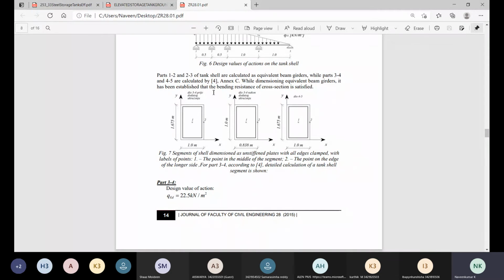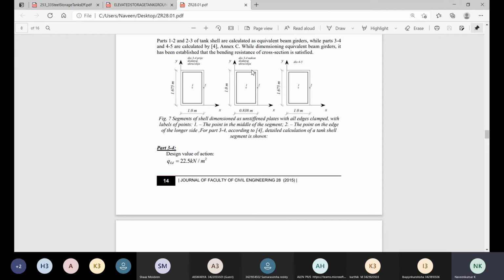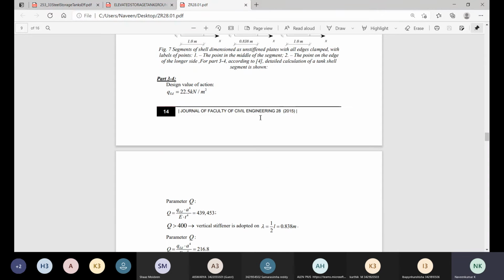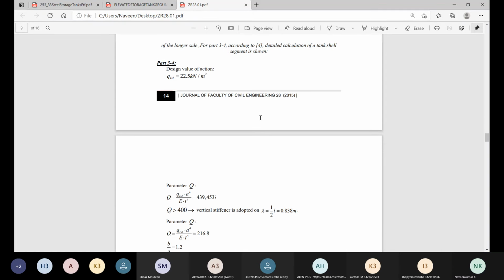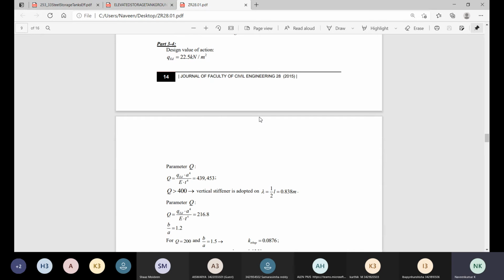There are different kinds of steel plates in the steel structure. Why? Because the load is different. At the bottom the load is high, and at the top the load has small intensity. This is the way you choose the different kinds of steel plates, and all the steel plates are jointed together.